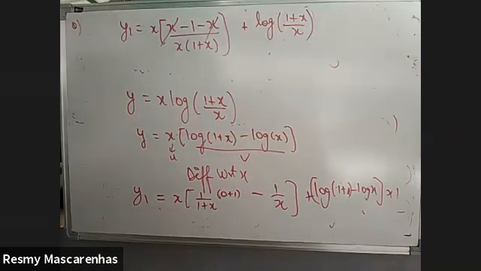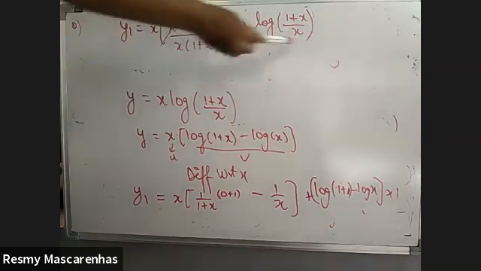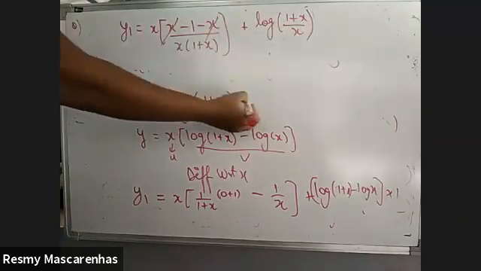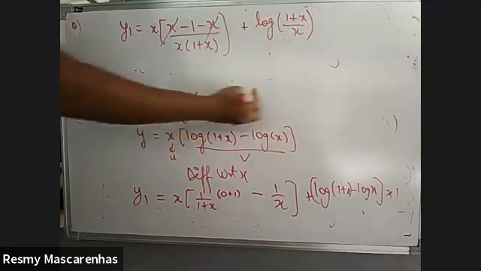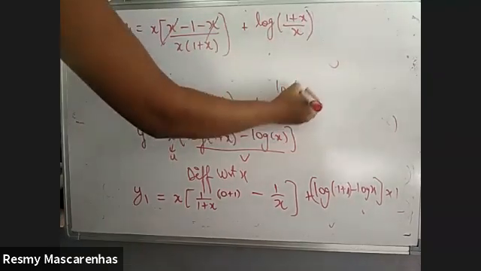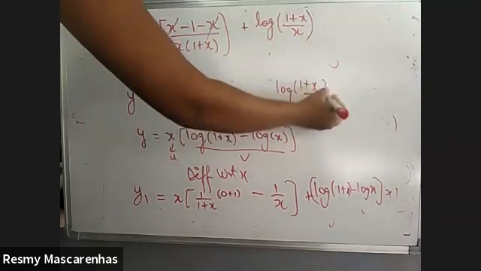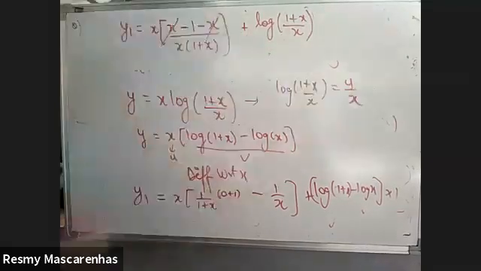Now, if you look into the question, I don't want this log of 1 by x. Looking into this question, what is log of (1 plus x) upon x? It is nothing but y upon x.